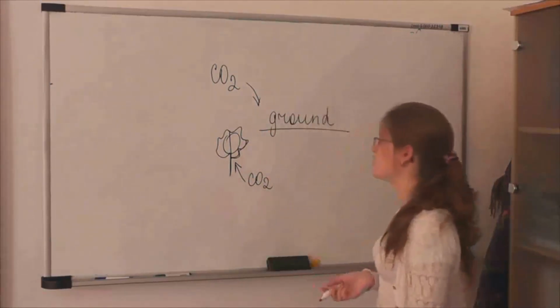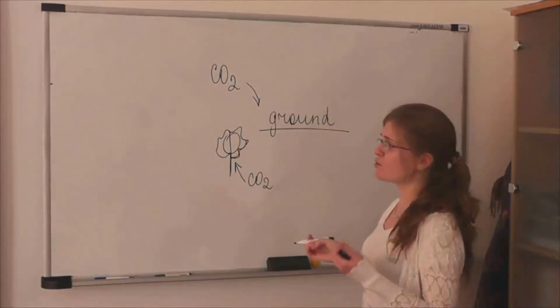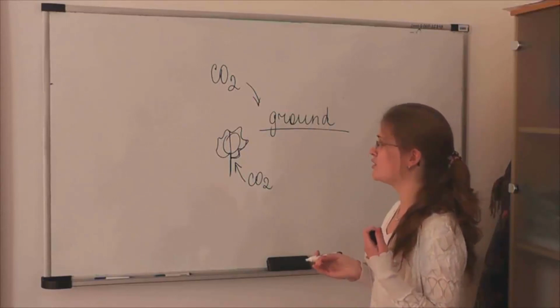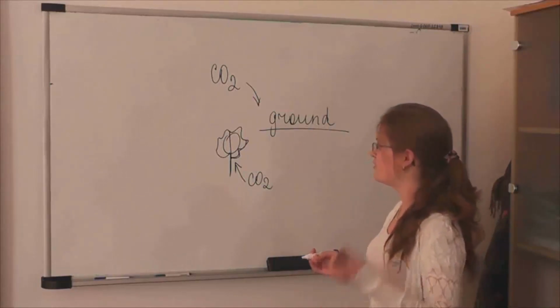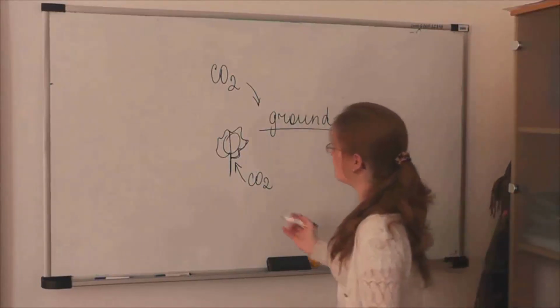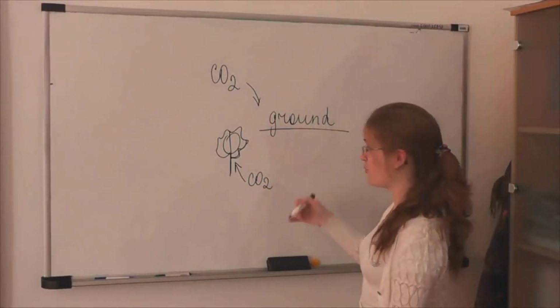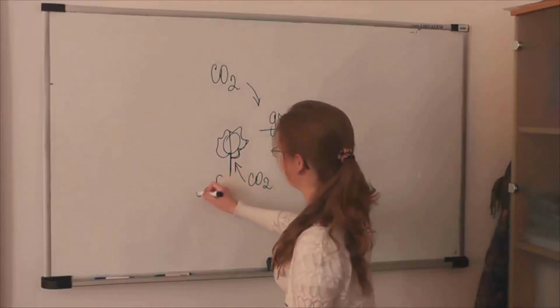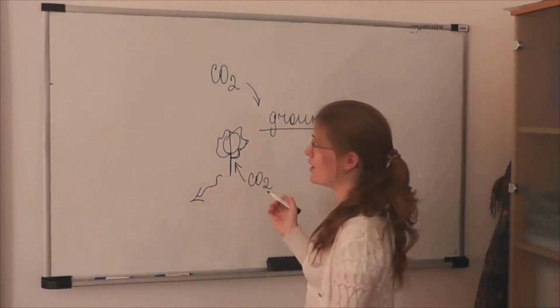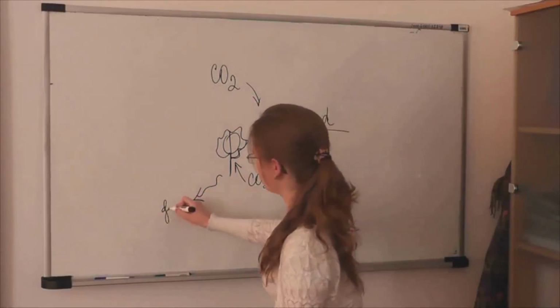Using carbon, plants create their new molecules and cells in their organism. After some time, parts of the plants decompose, and they create fossil fuels.